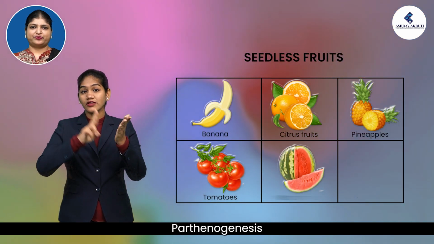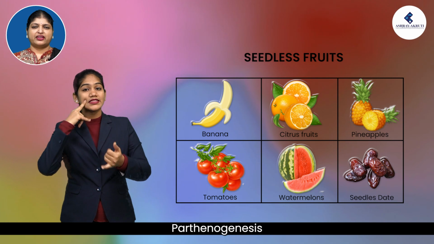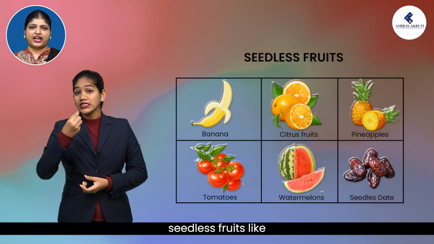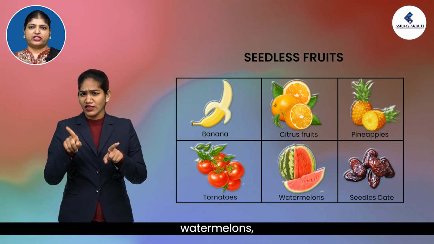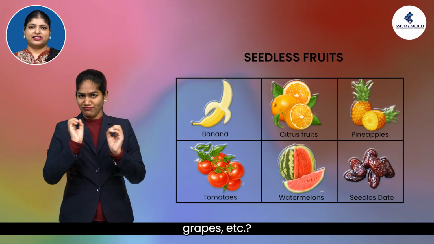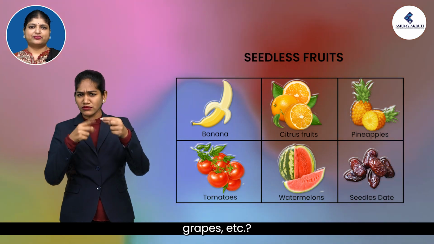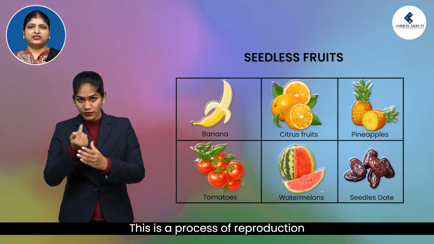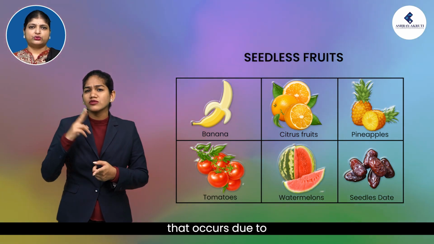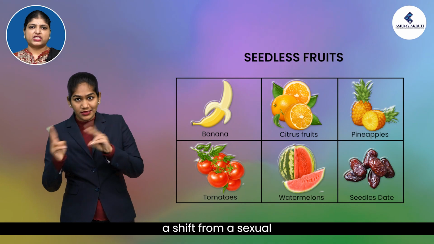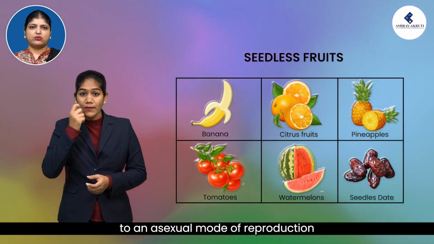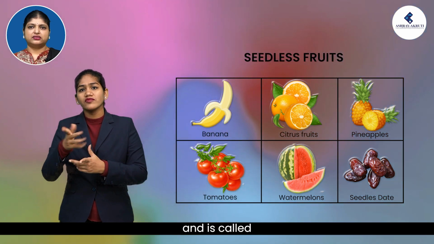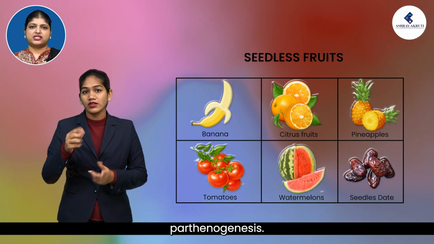Parthenogenesis. Have you ever seen seedless fruits like watermelons, grapes, etc.? This is a process of reproduction that occurs due to a shift from a sexual to an asexual mode of reproduction and is called parthenogenesis.